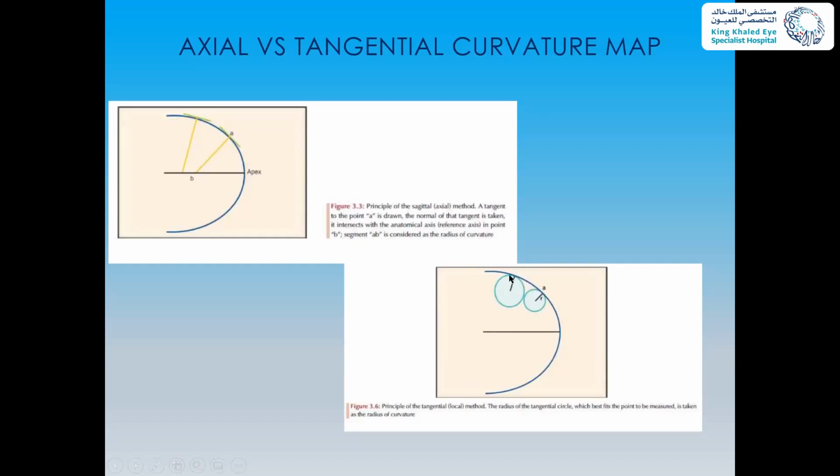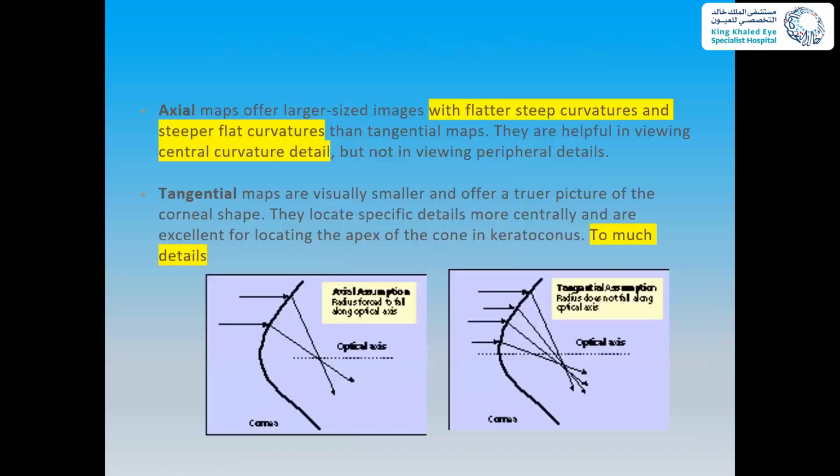It goes there, it is 39, so the radius of curvature is high or the diopter is low. So basically the computer is putting multiple spheres, and whatever sphere fits well on the surface of the cornea, it calls that diopter or radius of curvature. Which means that this is more accurate.